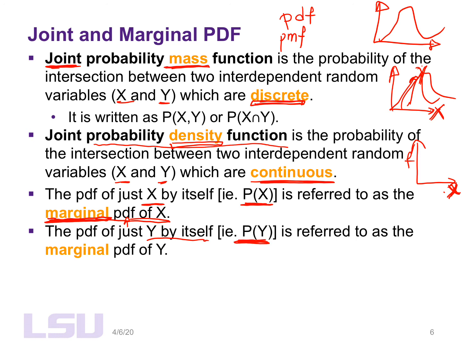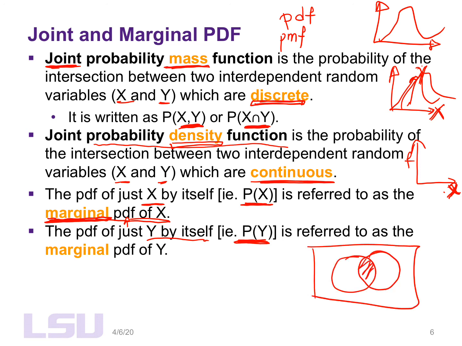And those joint distributions are the intersection of X and Y. So if there were these kinds of events, it's going to be this, where this is X and this is Y. That's what your joint probability is, the probability of X intersection Y, which could be written in any of these two ways.